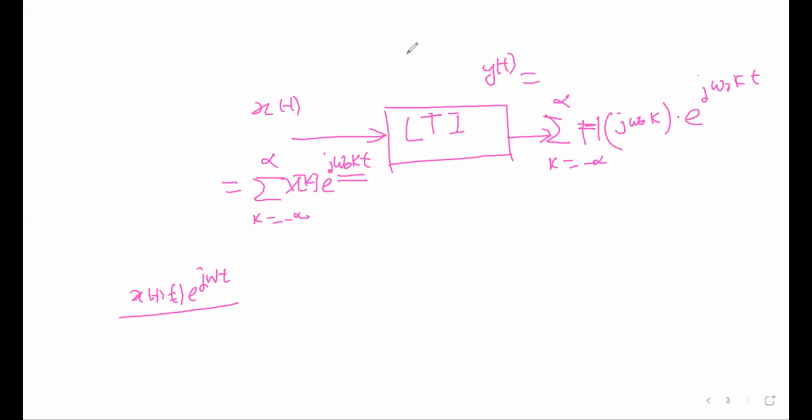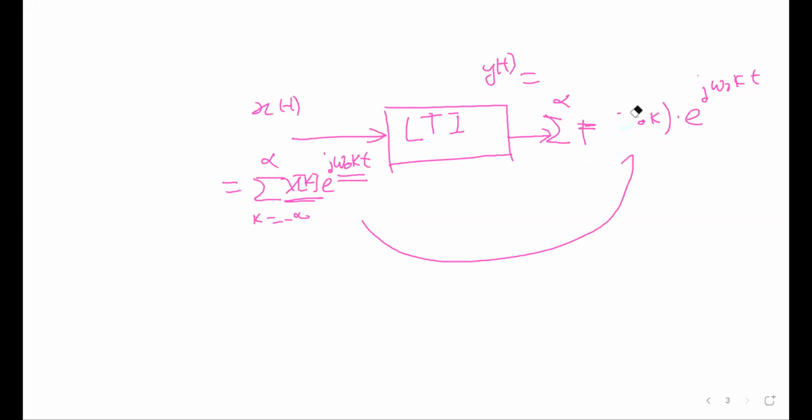But as our system is linear time invariant, if we multiply our input by an amplitude factor xk, that amplitude factor will also be there, okay? So if you want to write it correctly, your correct expression should be H(j omega 0 k) multiplied by xk.